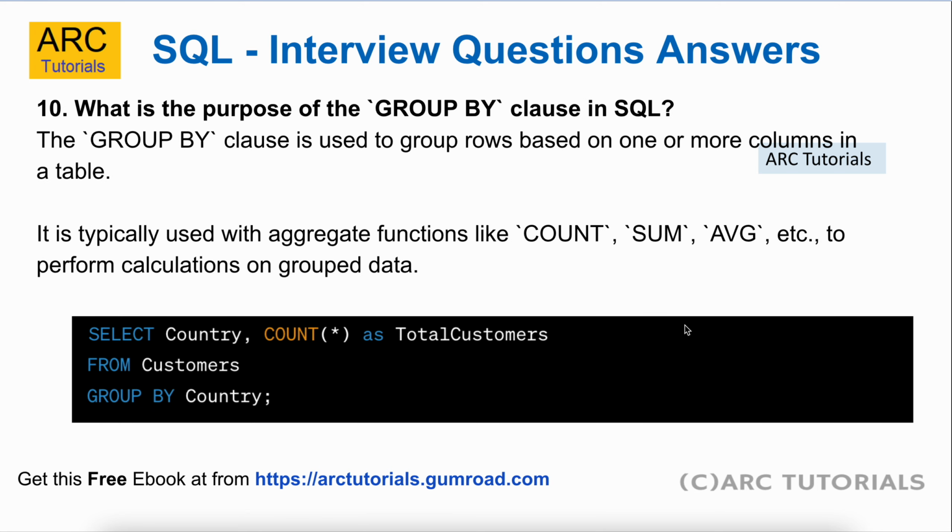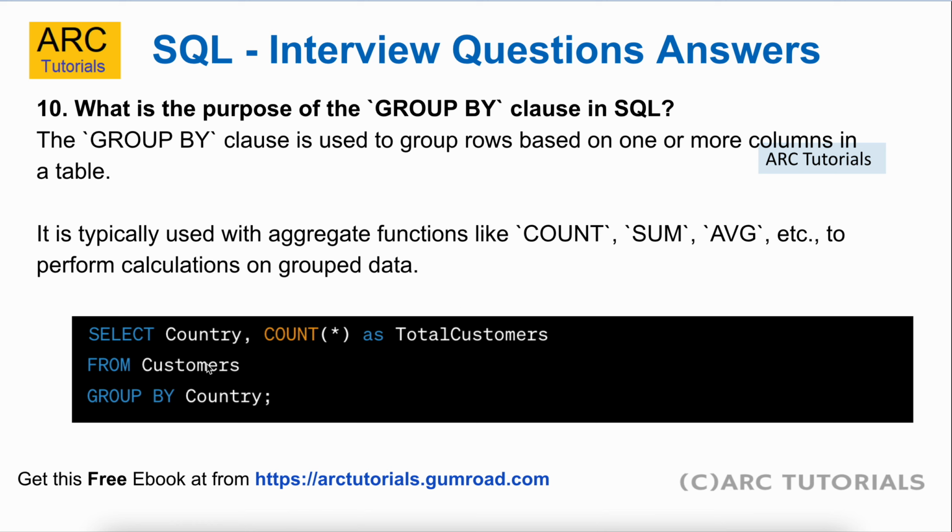What is the purpose of group by clause in SQL? The group by clause is used to group rows based on one or more columns in the table. It is typically used with aggregate functions like count, sum, average, etc. to perform some kind of calculations.